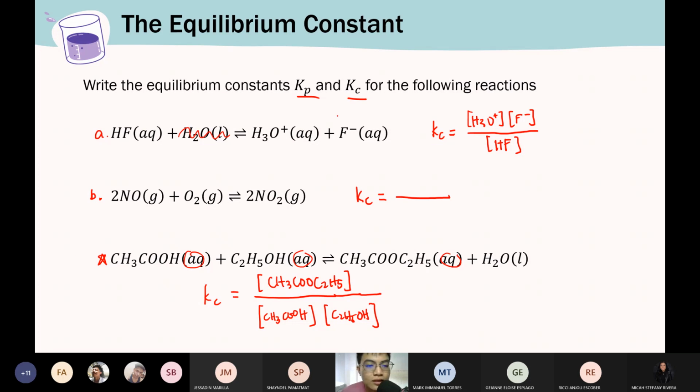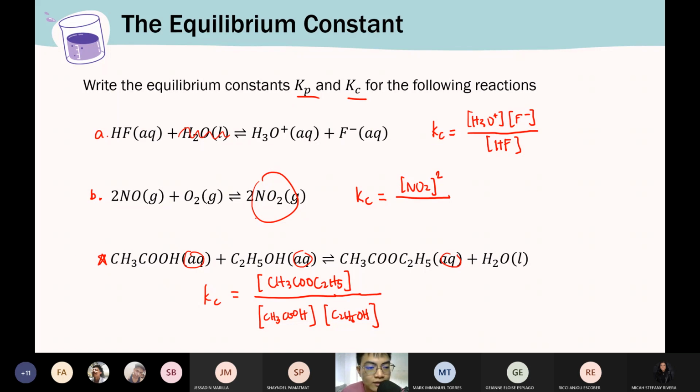So, for Kc, in the product side, I have 2 moles of NO2. So, I write it as the concentration of NO2 squared. Okay? Naka-square, do not forget that. The concentration of NO2 squared.